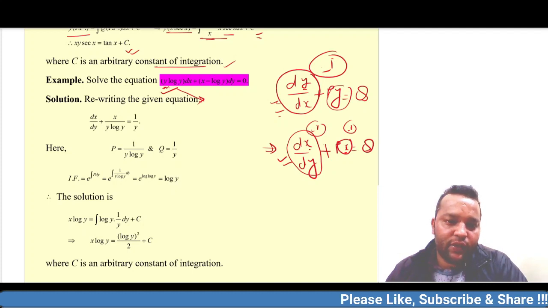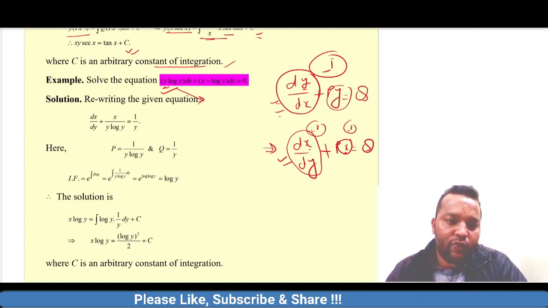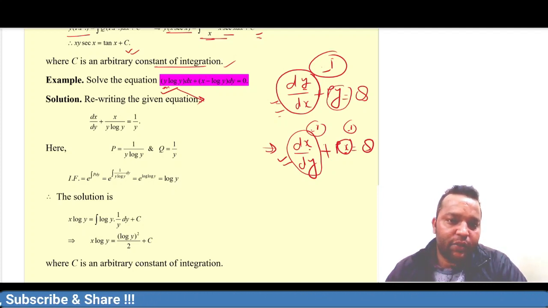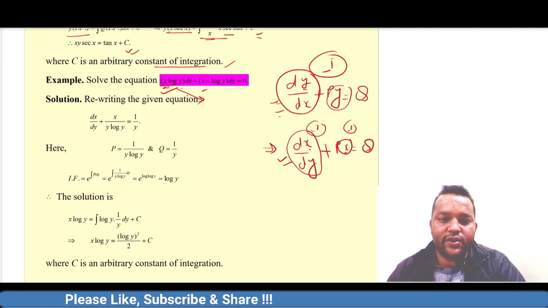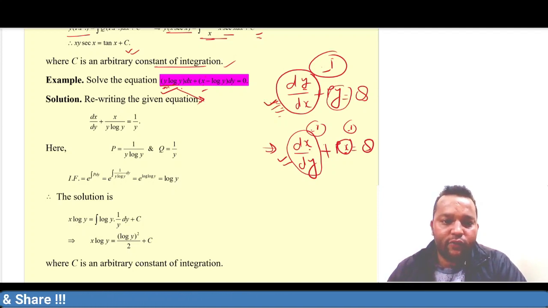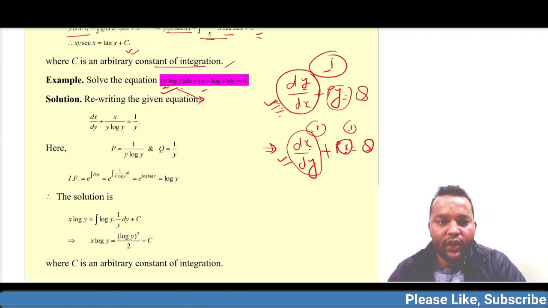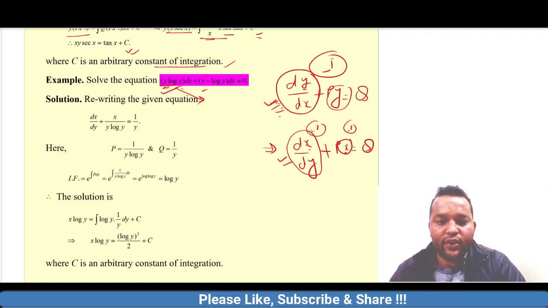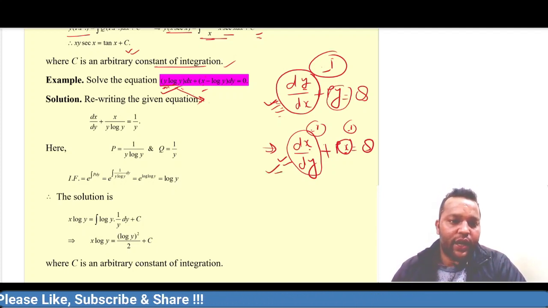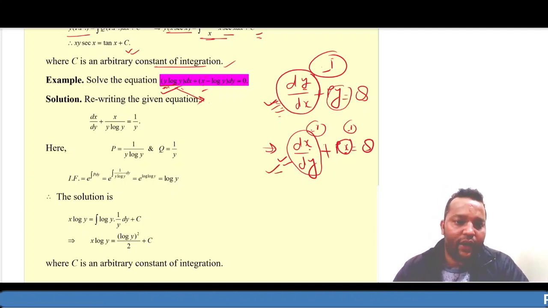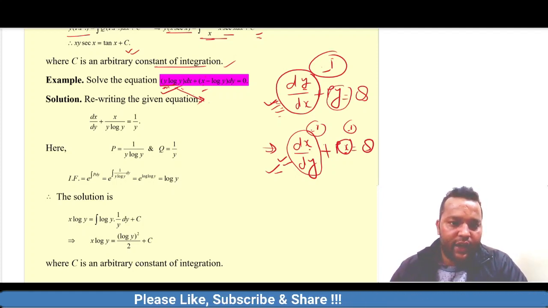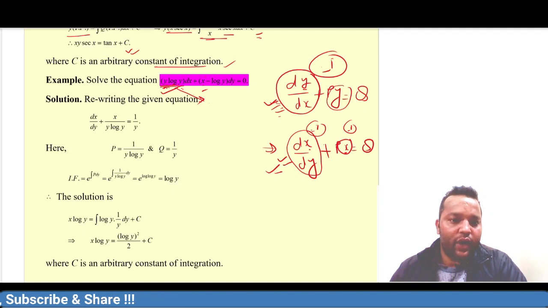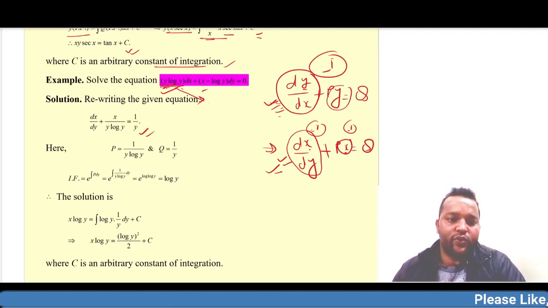So by observing this equation, it is clear that the power of x is 1, but the power of y is not exactly 1. So therefore it is not possible to write this differential equation into this form. Therefore we try to express this differential equation in this form. So we write simply by evaluating the coefficient of dx over dy and dividing the whole equation by y log y. So this is our reduced form.